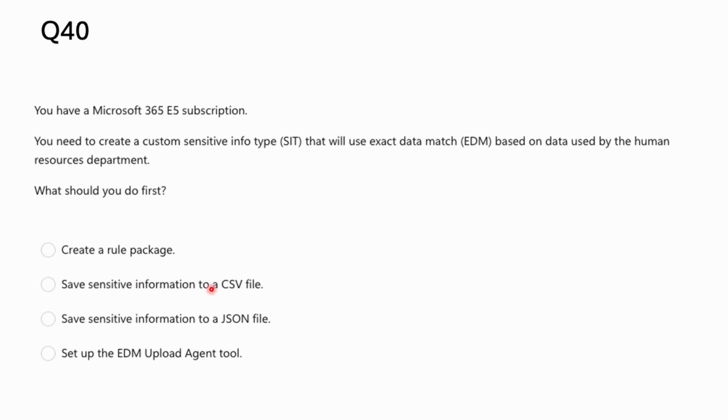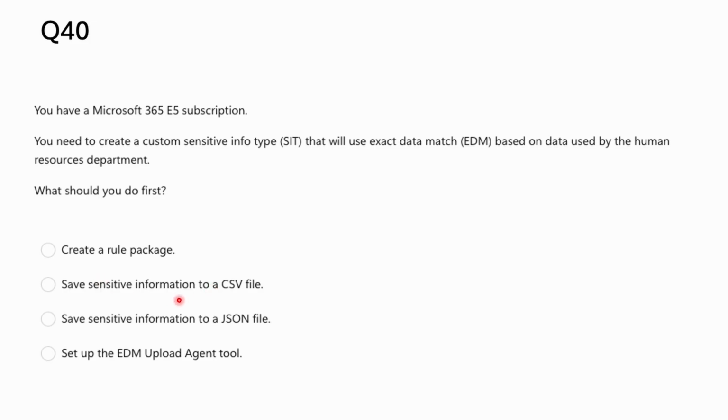That should be the right answer because EDM requires a structured data source. And the sensitive data, like employee records from HR, must be formatted in a CSV file with specific columns, like one column for employee ID, another for the name, designation, department, salary, and so on. And this file serves as the reference database for the matching.